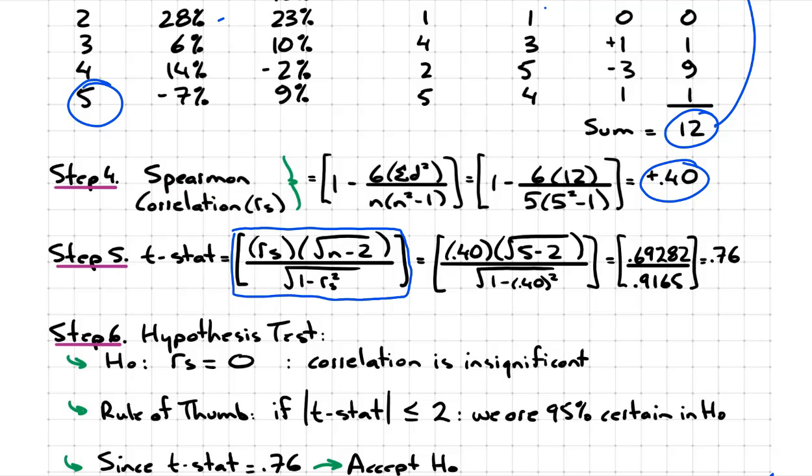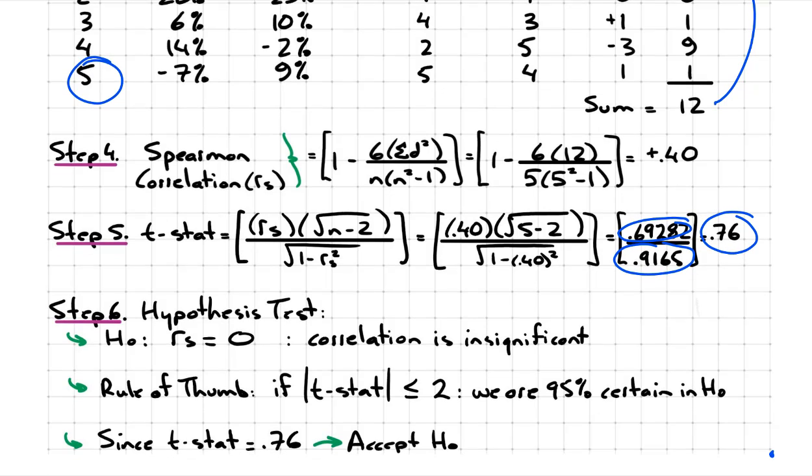So let's plug in all these values. The Spearman correlation is right there, 0.4, and then n minus 2 is 5 minus 2, divided by the square root of 1 minus the r squared, which is right there. The numerator and denominator work out as follows. Therefore the t-stat is 0.76.